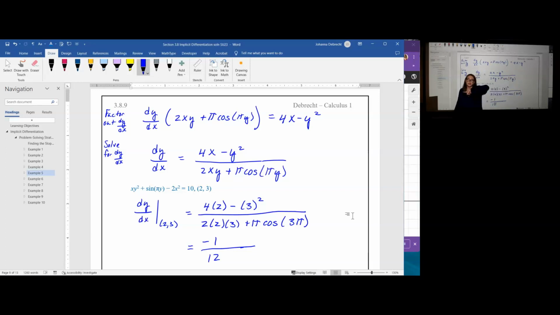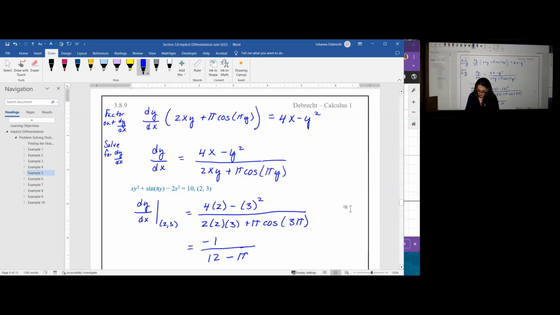So the cosine of 3 pi is the cosine of pi, which is negative 1, giving me 12 minus pi in the denominator. So negative 1 divided by 12 minus pi is the slope of the tangent line at the point (2, 3) on the graph of this function.